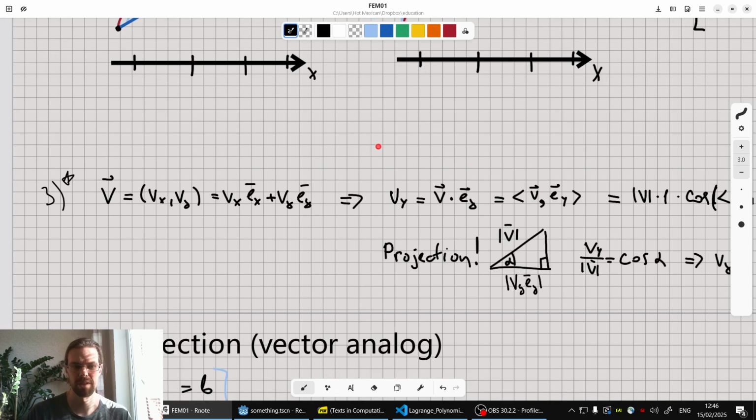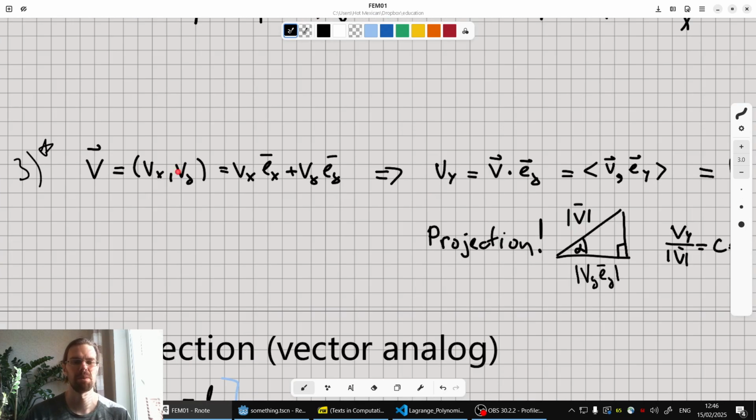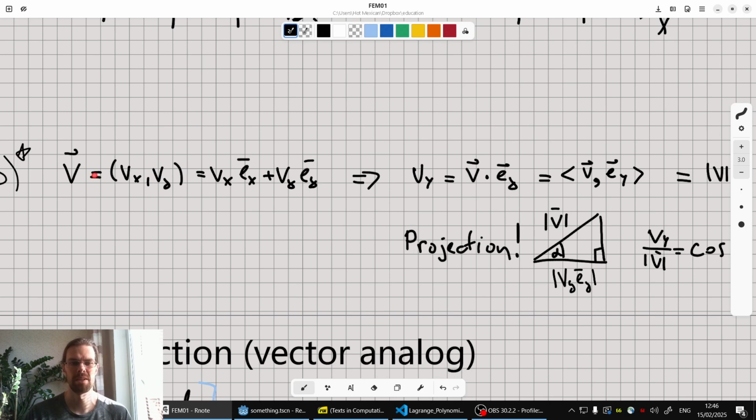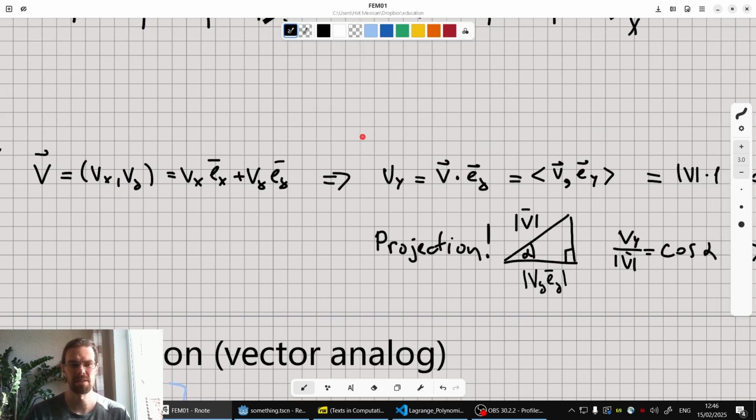this one was about projections. Maybe you don't usually do it, but again, consider that you have a vector that is a linear combination.